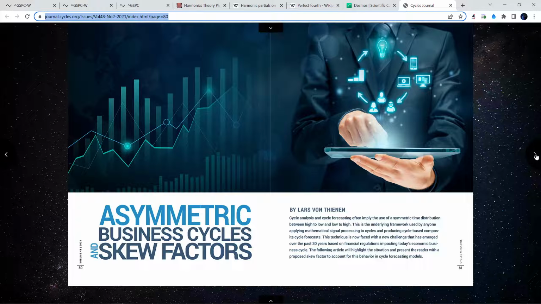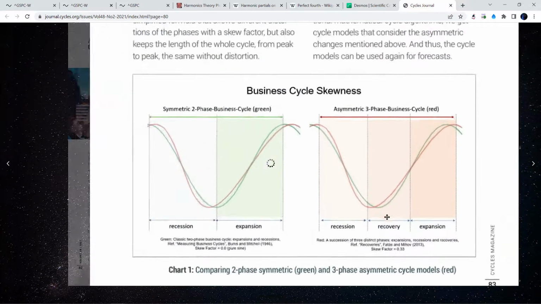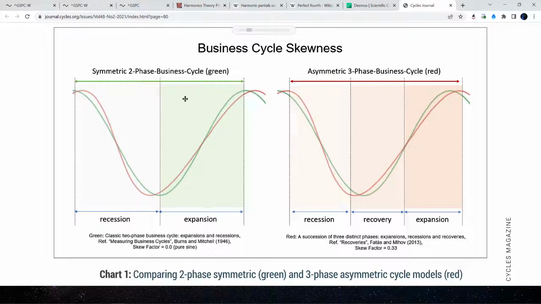This article is about how the business cycle is not symmetric as a theoretical cycle. The real business cycle is shifted, or is a 3-phase cycle. The green cycle here is the theoretical cycle, which we always try to simplify the timing, but the red cycle here is the skewed cycle. Skewness means that the distance from top to top and bottom to bottom is still the same.